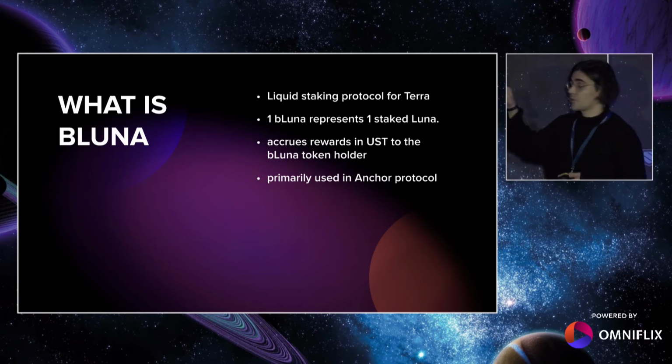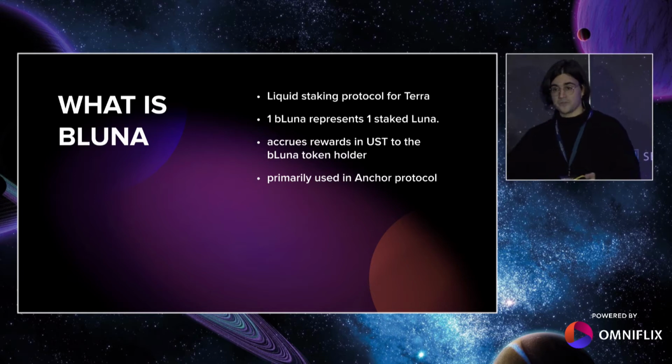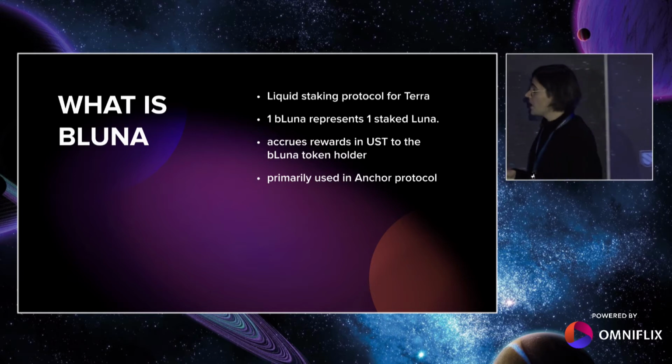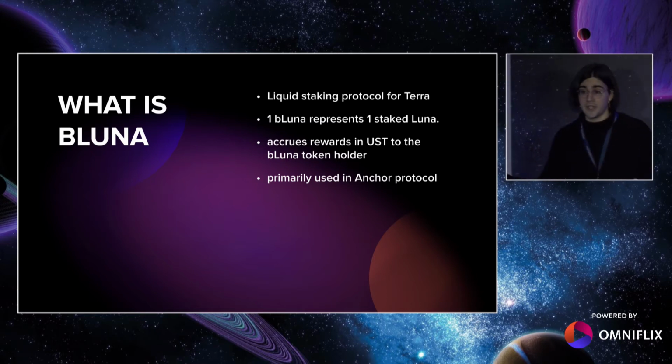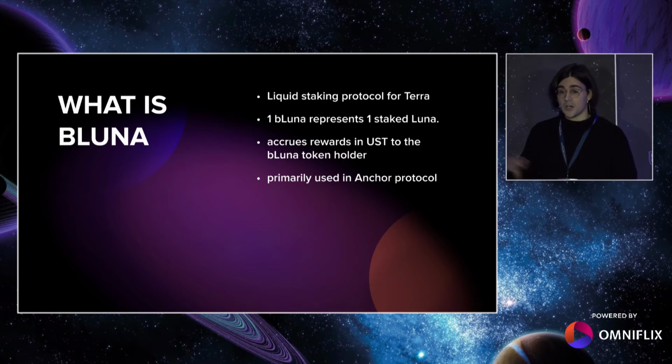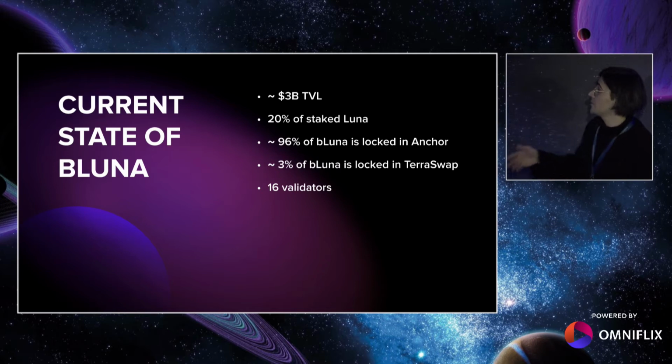Those rewards are not compounded back, so your token does not grow in value with time. You have to manually get the rewards from the rewards contract. And this is really good for the Anchor protocol that BLUNA is primarily used in, but not so good for other DeFis, right?